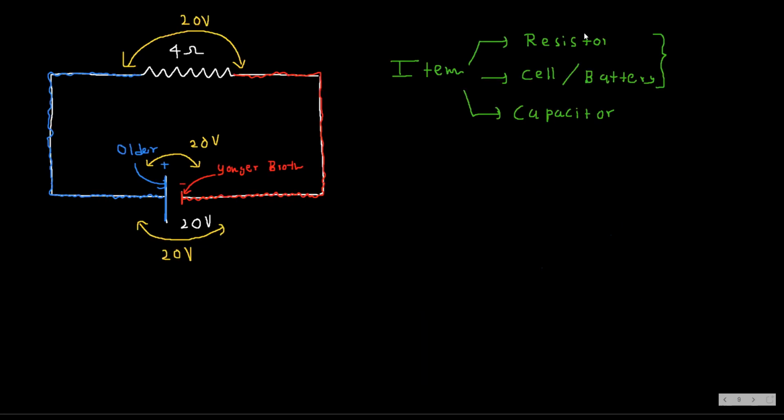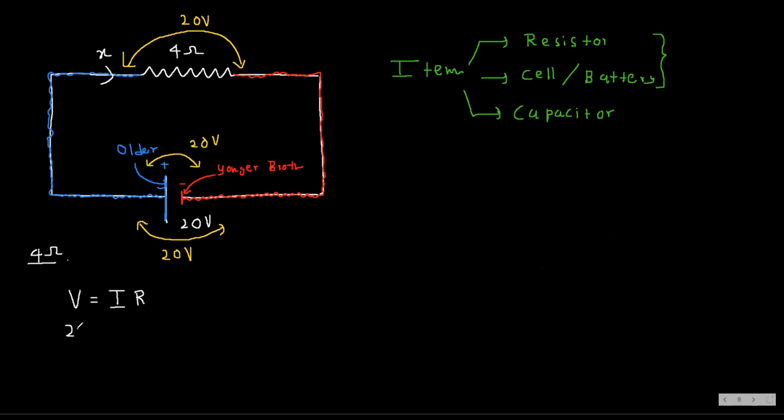So now I have to calculate the current through the resistor. I'm taking it as X. I'm going to apply Ohm's law for this 4 ohm resistor. V is equal to IR.